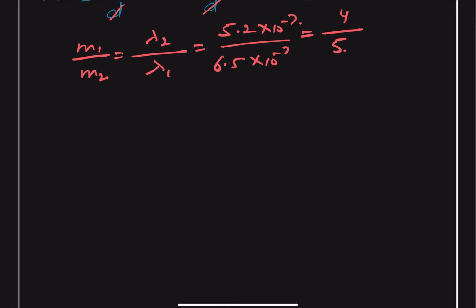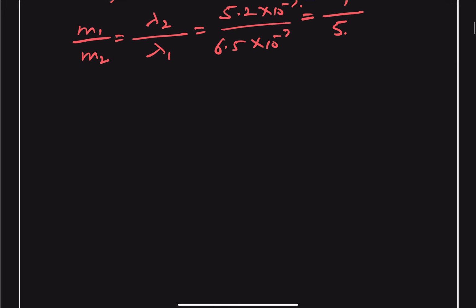And from here we can say that m1 is equal to 4 times k and m2 is 5 times k, and this k is any integer.